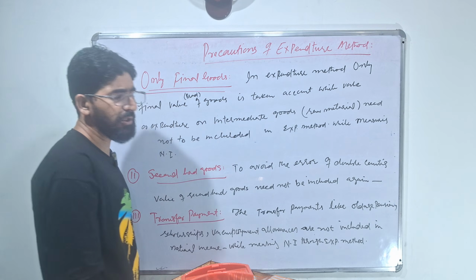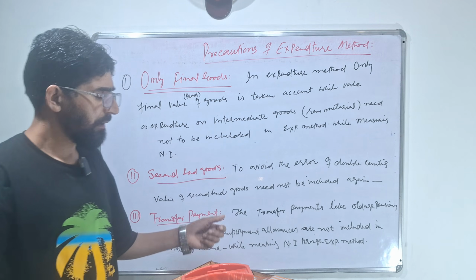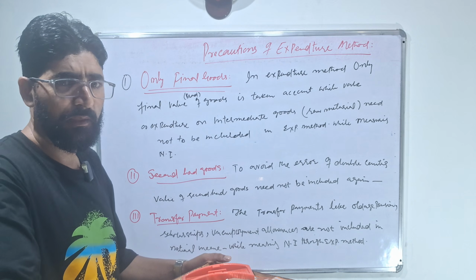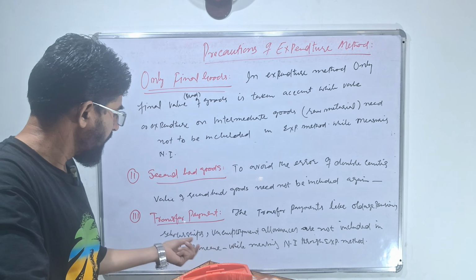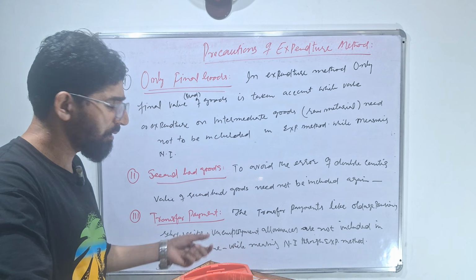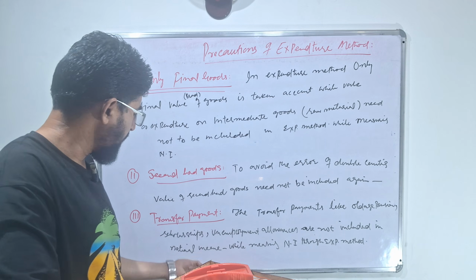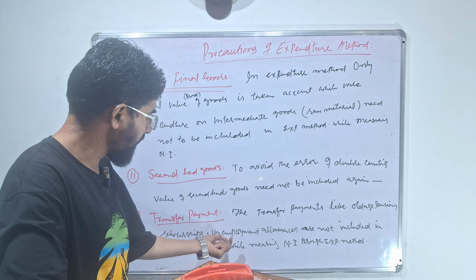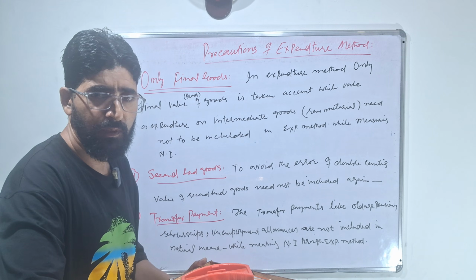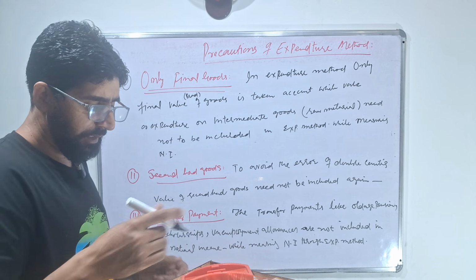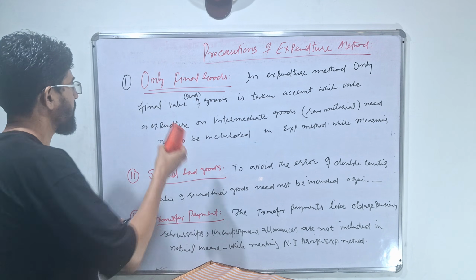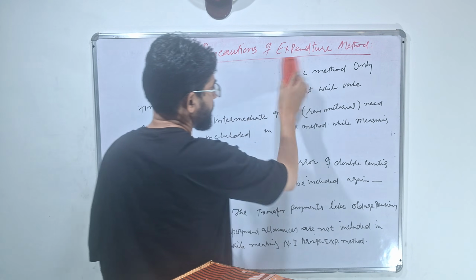Means these need to be excluded from national income, as they are provided by the government for health purposes, old age pension, unemployment allowances, scholarships. They are not included in national income while calculating it through the expenditure method.